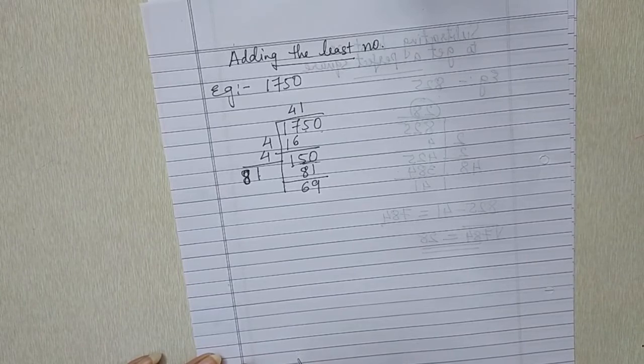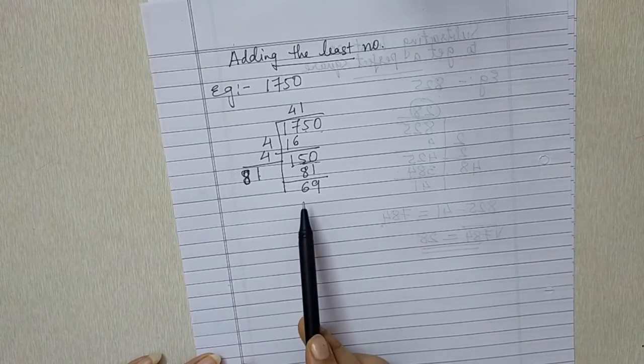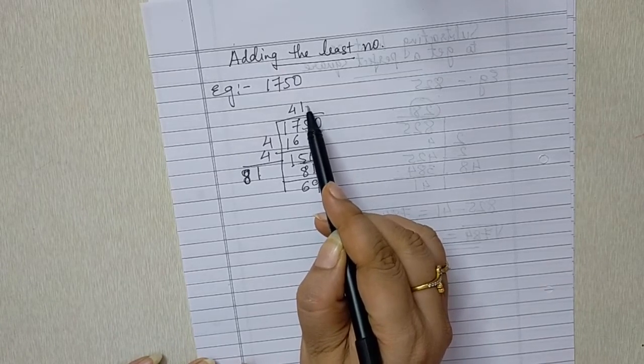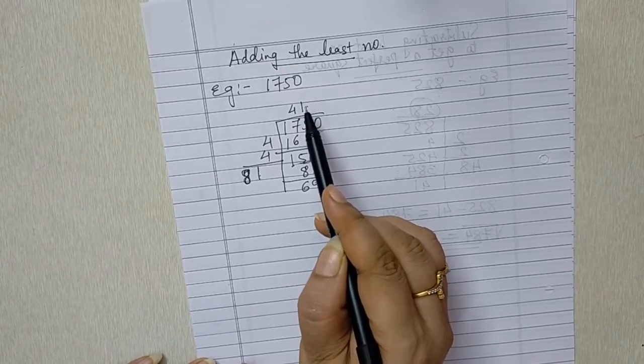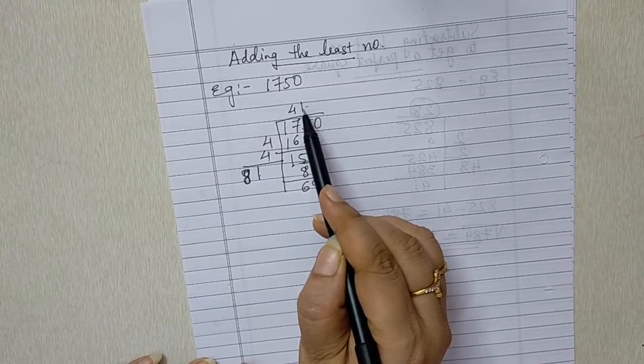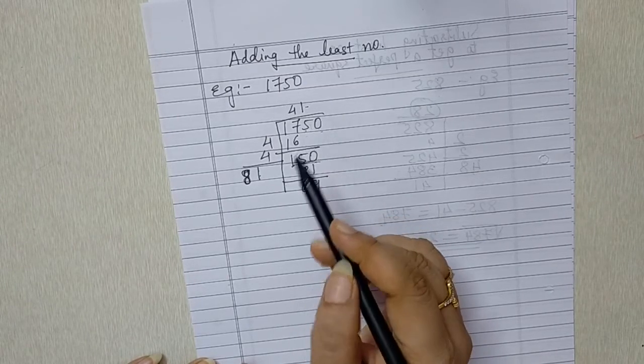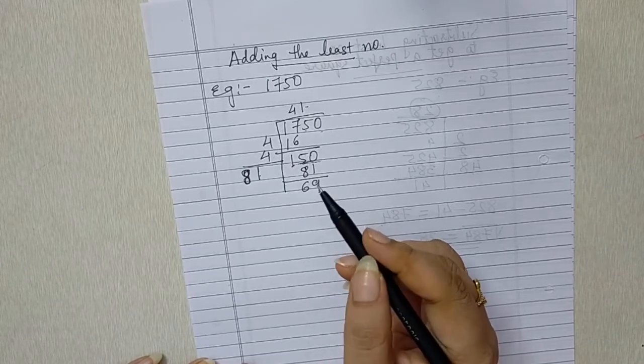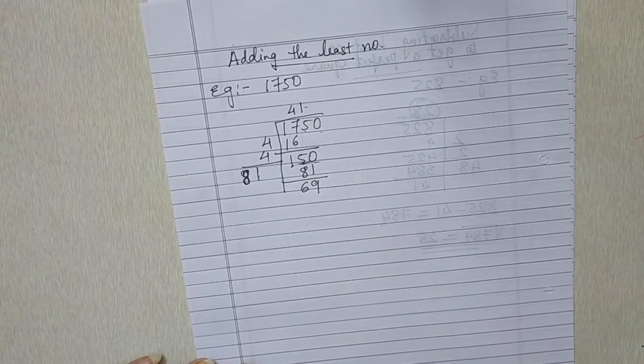Okay, now what we have to do is we have to find the square of the next number to our quotient. Our quotient is 41. We should know the square of 42. We have to find the square of 42. Why? Because we are going to add the number to it.